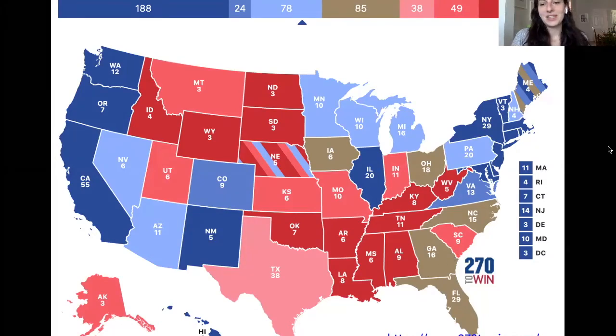So it really begs the question, why was this system created? And it was all part of a compromise. The founding fathers, or the writers of the Constitution, were doing something really new in the world.